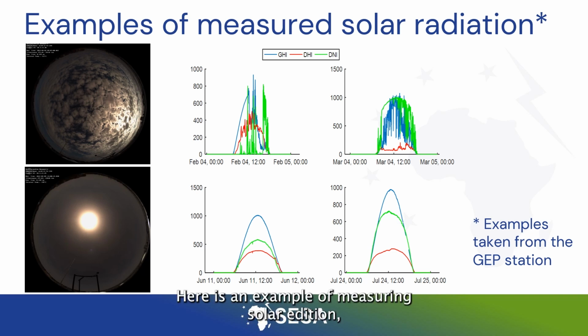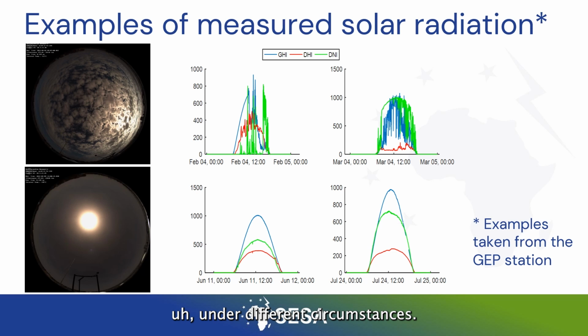Here is an example of measured solar irradiation under different circumstances. For example, for a cloudy day, and then for a shiny good day. So we see that there are some disturbances in the process of generation of power, or the PV output power, in the two upper diagrams.